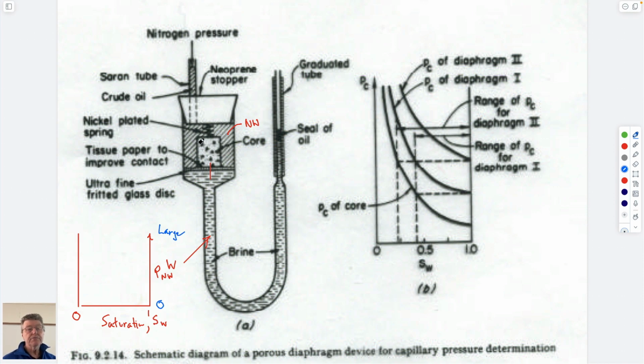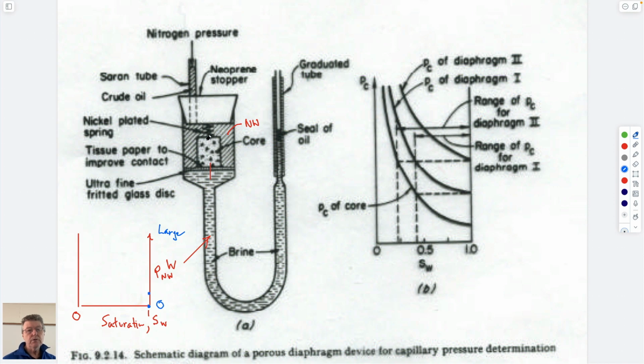So the core starts off with only water in it. If we increase the nitrogen pressure that's driving this other fluid, the non-wetting liquid, then it starts off at this point here. We increase the pressure to this.